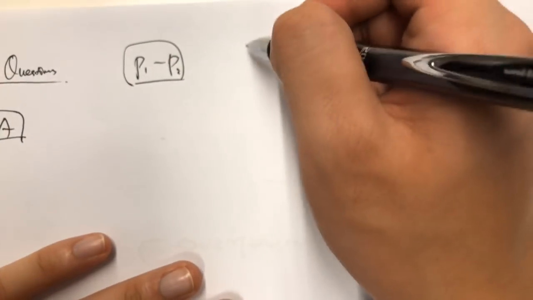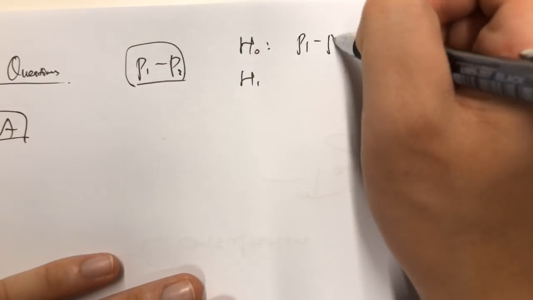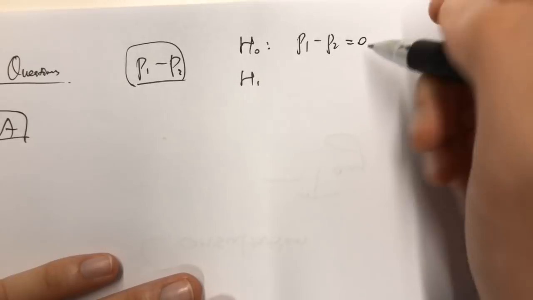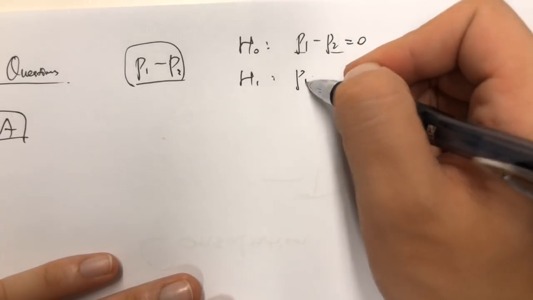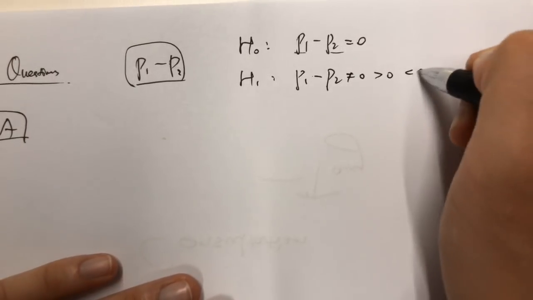Now, for hypothesis testing, there are two versions of the formula. First of all, when you are testing if P1 equals P2, like P1 minus P2 equals 0, or not equal to 0, or greater than 0 or less than 0.